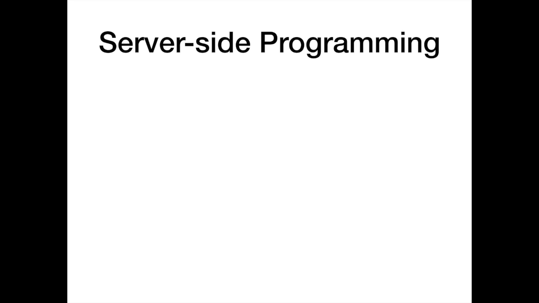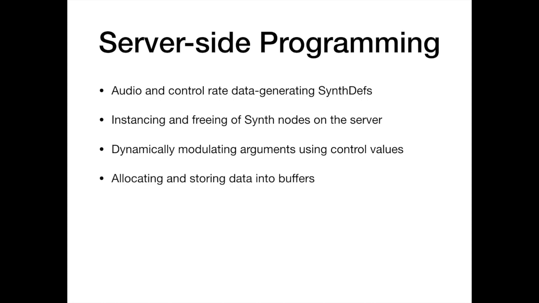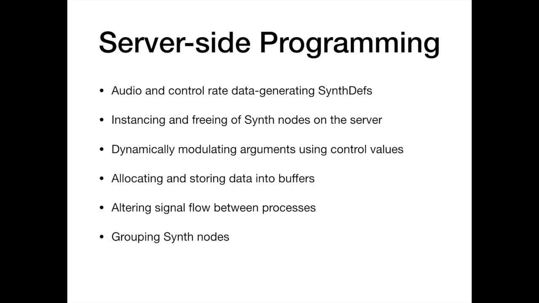Server-side programming is responsible for synth-def code generating audio rate and control rate data, instancing synth-defs into individual synth nodes on the server and the freeing of said nodes, dynamically setting parameters or arguments that have been programmed into synth-defs to be modulatable, allocating buffers in memory to store data, including digital audio, and the real-time storage of data into said buffers, ordering and reordering synth nodes to affect signal flow, creating groups of synth nodes to further organize and affect signal flow, and busing audio and control rate data between synth nodes and to and from hardware inputs and outputs.